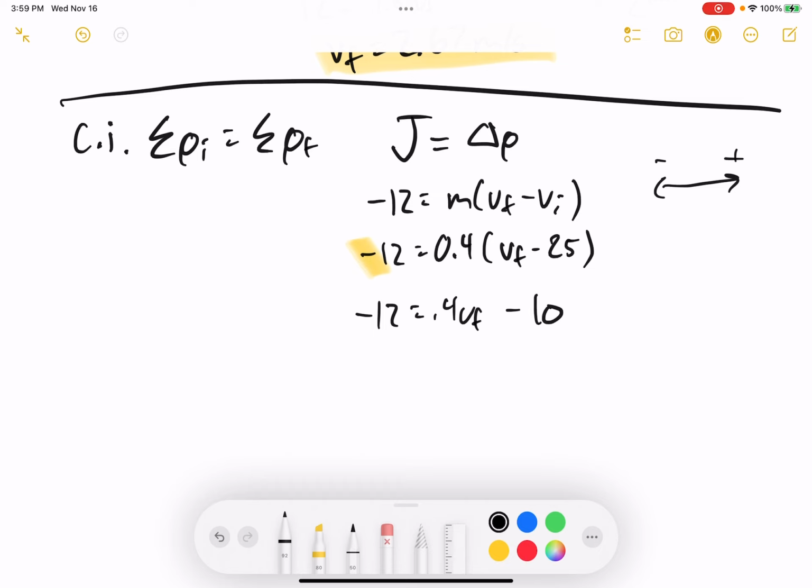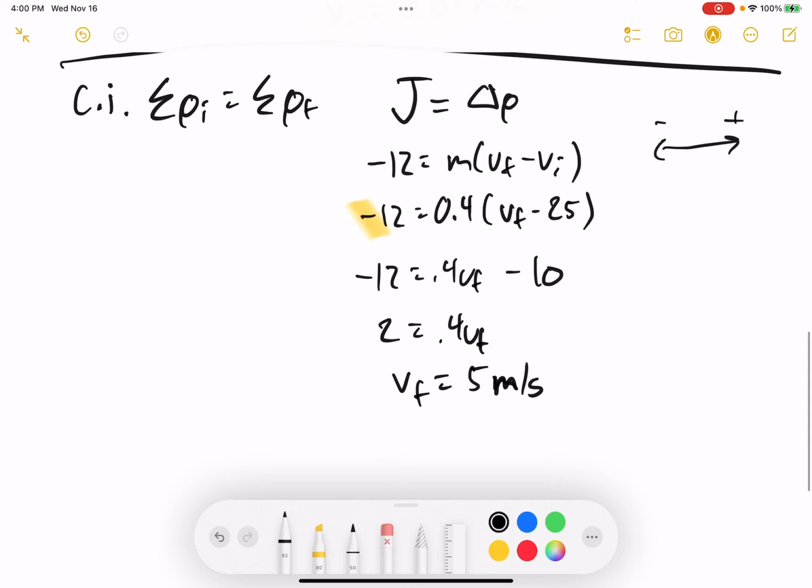And so I will add 10 to the other side. So I get 2 equals 0.4 VF, and so VF just equals 5 meters per second.